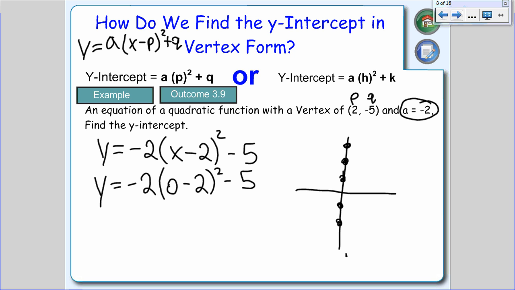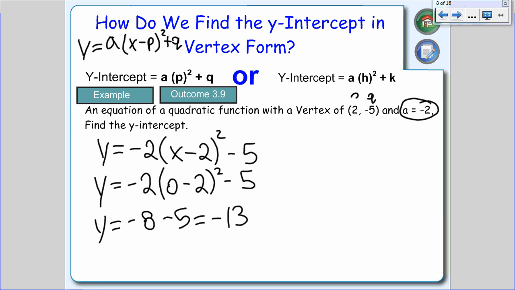It's not your final answer. So we got y is equal to negative 13. The proper way to say it: if you're asked for a point, which is what they've done, they asked for your y-intercept, that's an actual point. You need to give the coordinate. 0, negative 13.